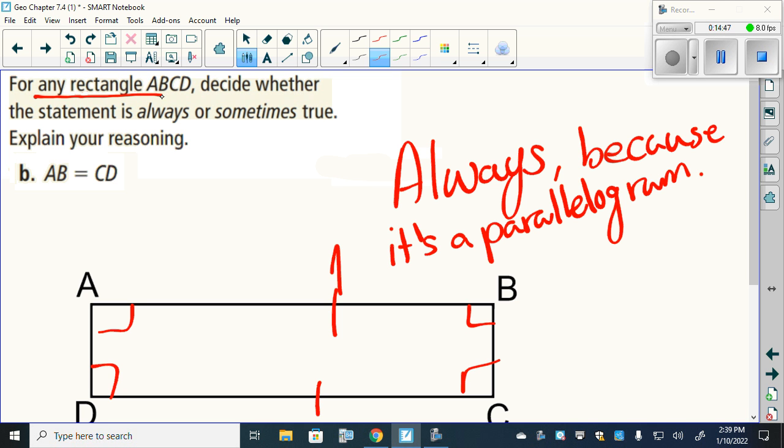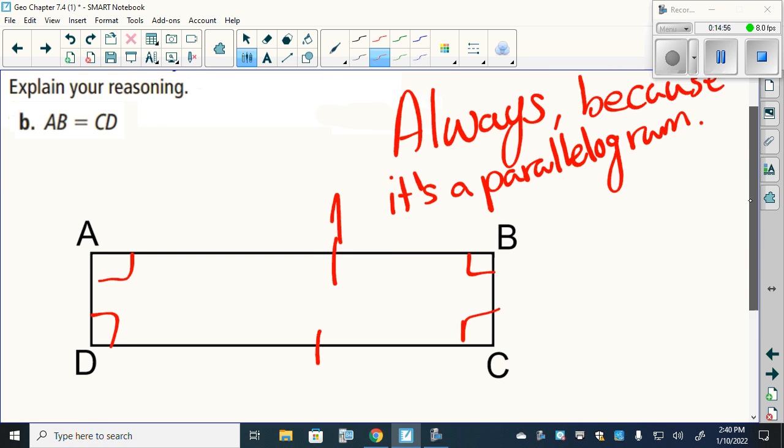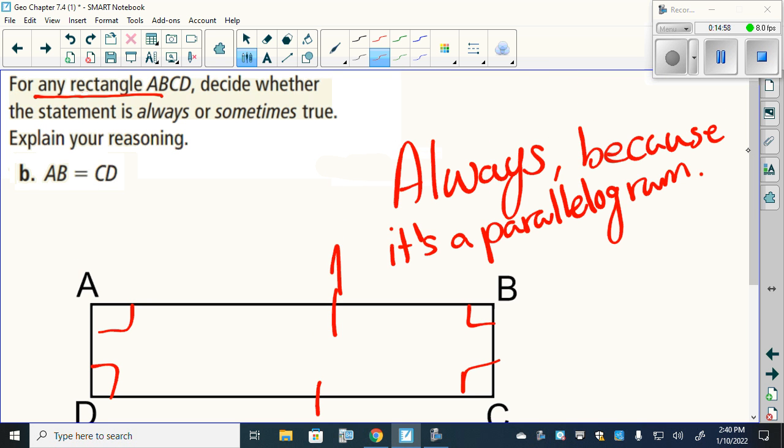You're too fixated on this one picture because it's not talking about just this. It's talking about any four-sided figure that satisfies the definition of rectangle, four right angles. Can we stop looking at the shape and just pay attention?